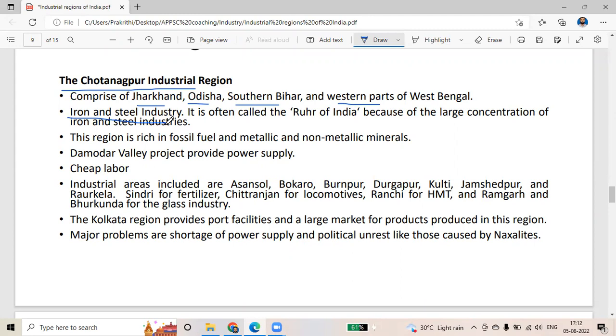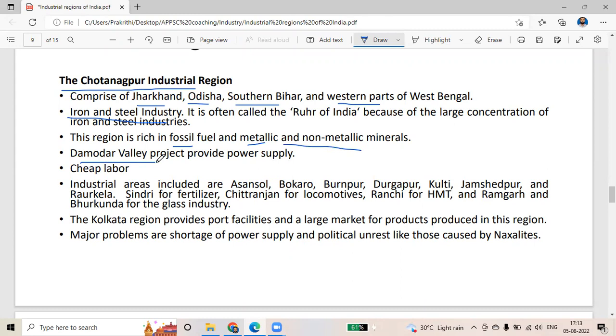So this region is rich in fossil fuel as well, followed by metallic and non-metallic minerals. And as I said, in Kolkata region, Hooghly region में बोला था दामोदर वैली प्रोजेक्ट है power supply के लिए.